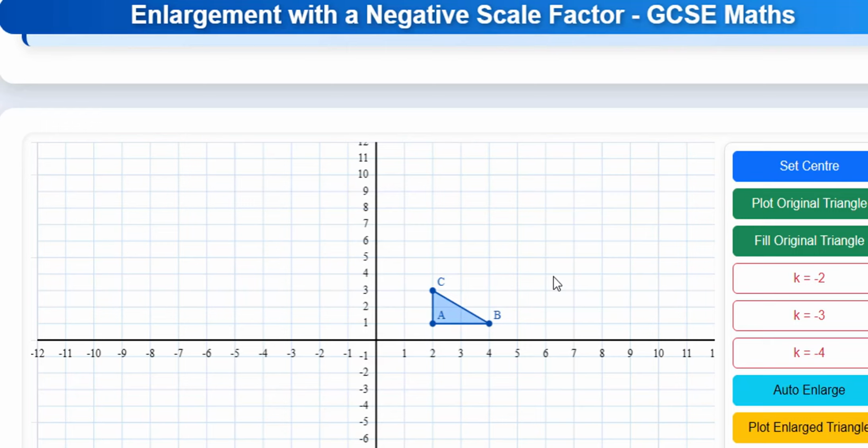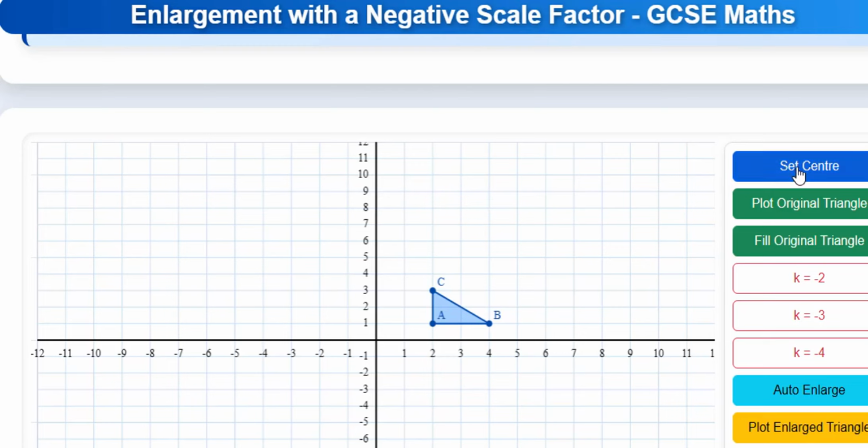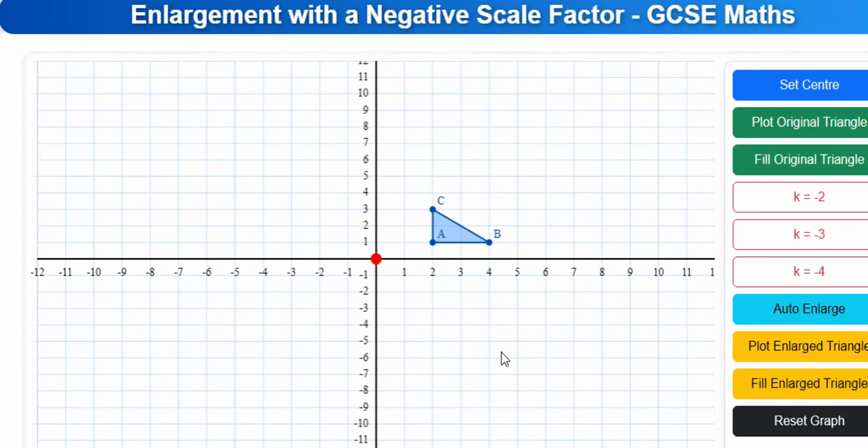But since we also have the coordinates of the enlarged one, we can plot it too. But before we do so, we can first plot the center of enlargement, which was (0, 0) somewhere there.